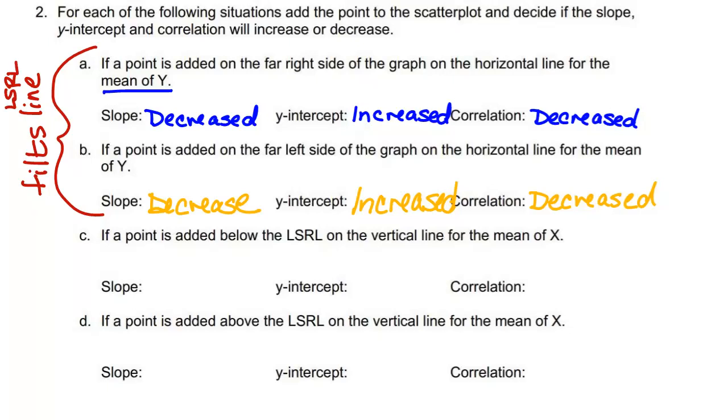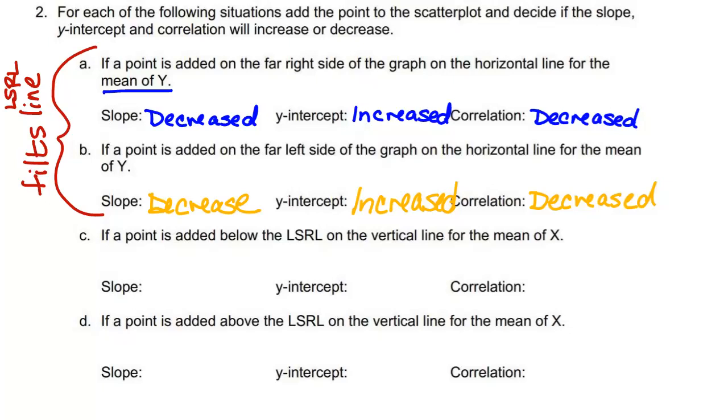All right, so now let's go look at what C and D are. We want to add a point below the least squares regression line on the vertical mean X line. Hold on, this is bothering me that I don't have a correlation closer to 0.5. All right, I added more points, but now my correlation is back to about 0.5.